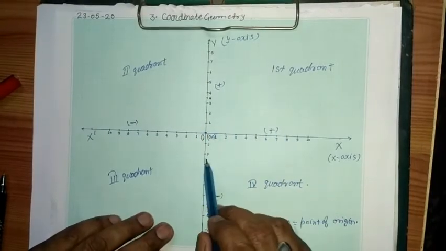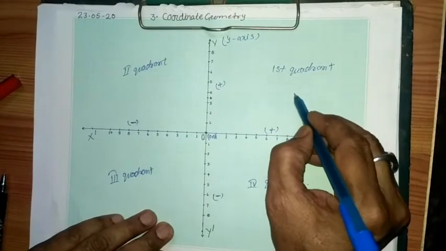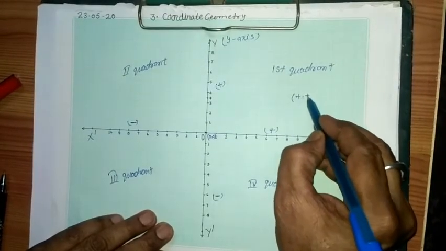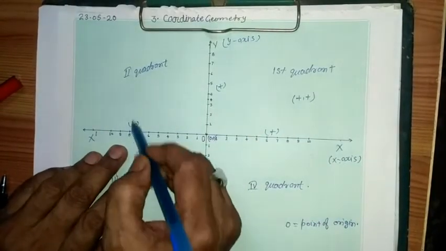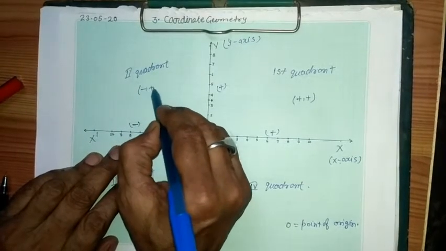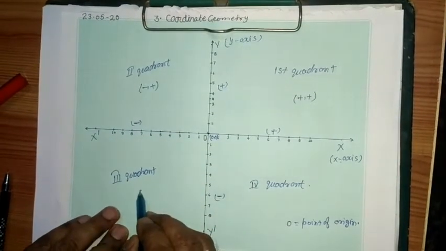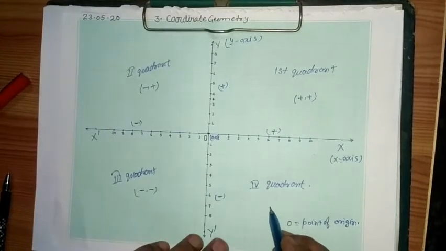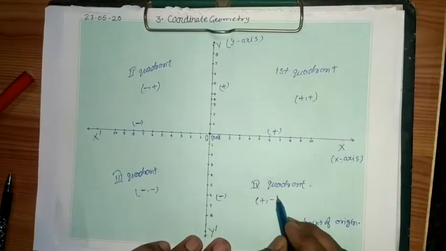According to the signs, in the first quadrant the coordinates are plus, plus. In the second quadrant the coordinates will be minus, plus. In the third quadrant, minus, minus, and the sign of the fourth quadrant is plus, minus.